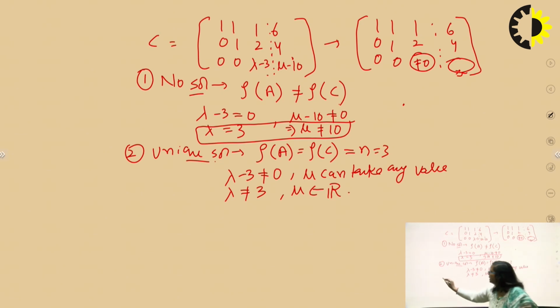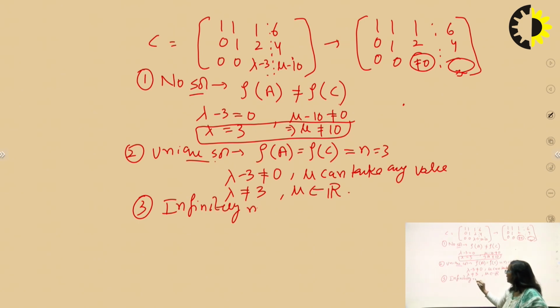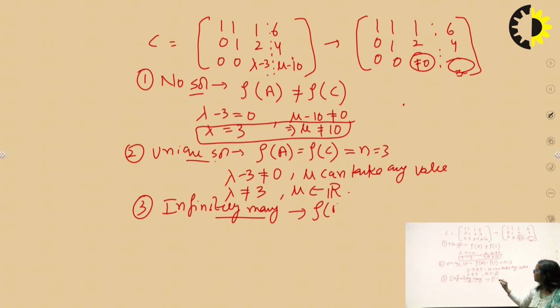Now coming to the third case, which is infinitely many solutions. I know that for infinitely many, both the ranks must be the same, because that is the condition for a solution to exist. But this must be less than the number of unknowns, which is 3 here. That means the rank of both these matrices must be less than 3.